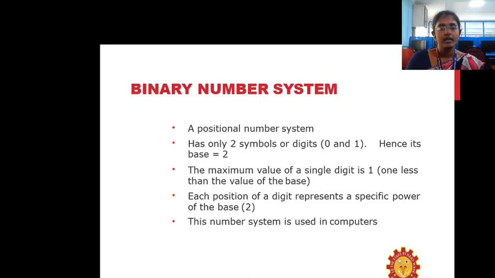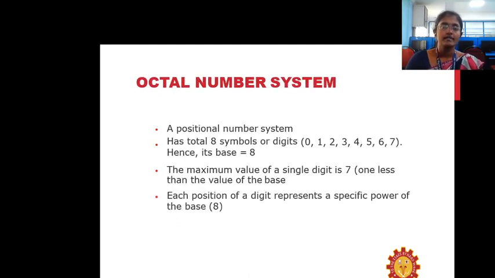Next is the binary number system. The symbols present in the binary number system are 2, so its base is also 2. Next is the octal number system, whose symbols are 0 to 7, in total 8, so its base is 8.